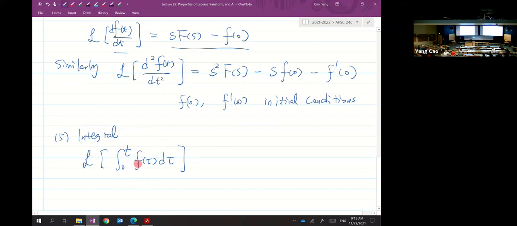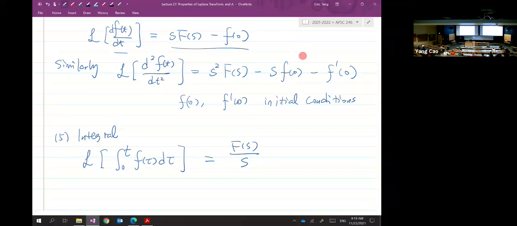Then what is its Laplace transform? Again, without a proof, its Laplace transform is capital F of s over s. So these two properties, number 4 and number 5, are particularly useful for us to solve differential equations.